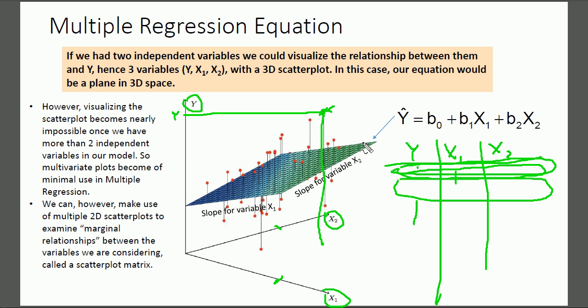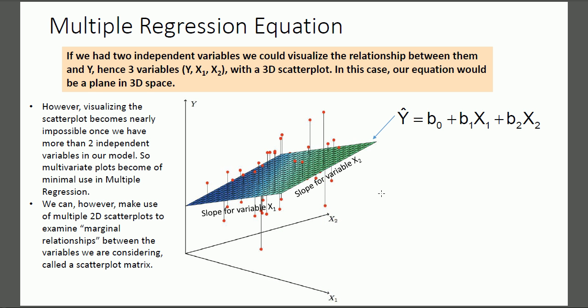Each dot represents these observations. So if we have a sample size of n, we're going to have n dots here. You can actually count these red dots and you'll know how big our sample size was. So that's exactly how we learned to look at the scatter plots in simple linear regression, except here the 3D makes it quite difficult to do too much with this, all right?